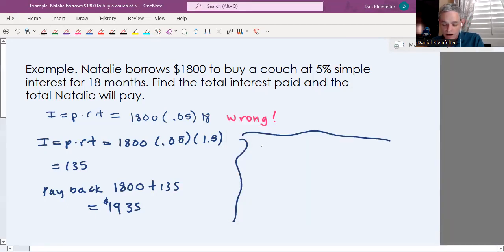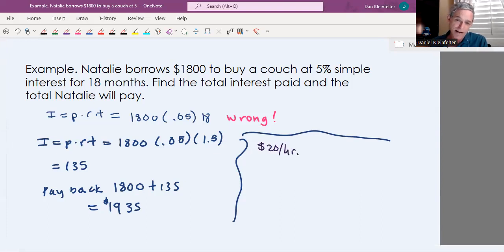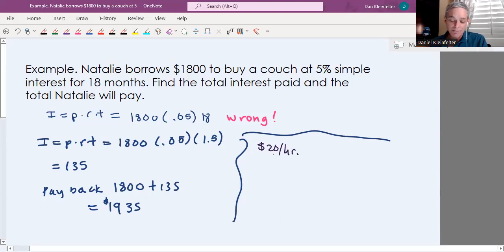Let's say that you have a job where you make $20 an hour, just to keep it simple. And then let's say that you go to work one day and you have to study for your math test or something like that. And so your boss decides to let you go home after only being there for 15 minutes. I realize that this is just made up and contrived and all, but it works.